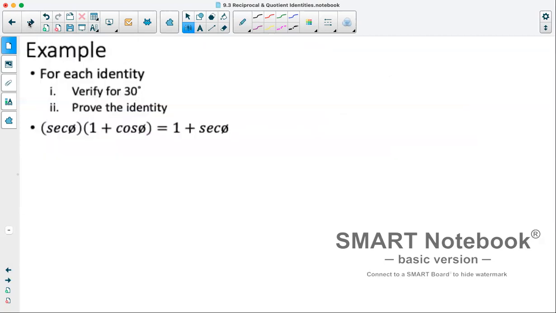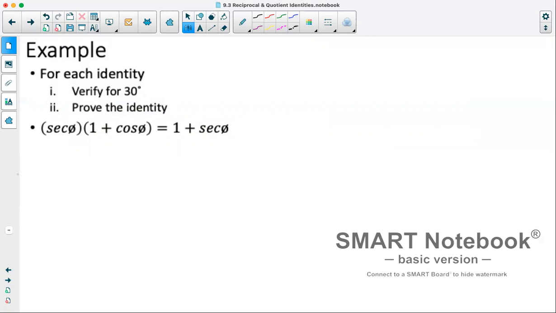So, example: for each identity, verify it for 30 degrees, and then we're going to prove the identity. This first one is secant theta times 1 plus cos theta equals 1 plus secant theta.